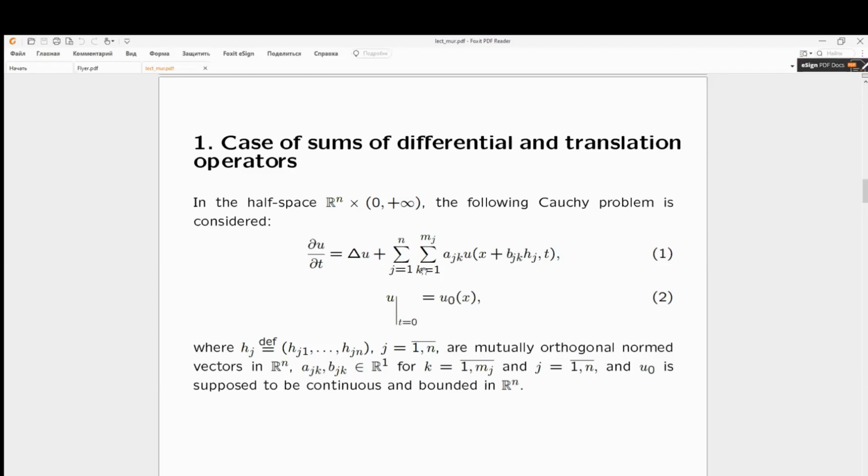There is a temptation to treat the second term of the right-hand side of the equation as a low-order term, because the first term has order 2, but in the second term we have only the desired function itself, so the zero-order derivative of it.